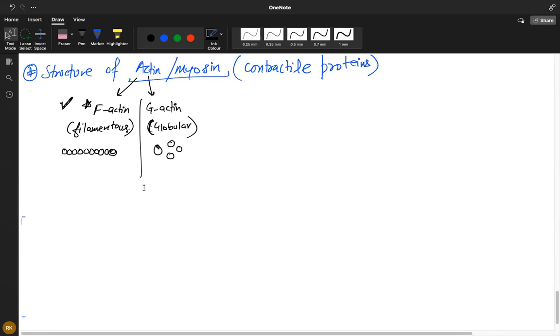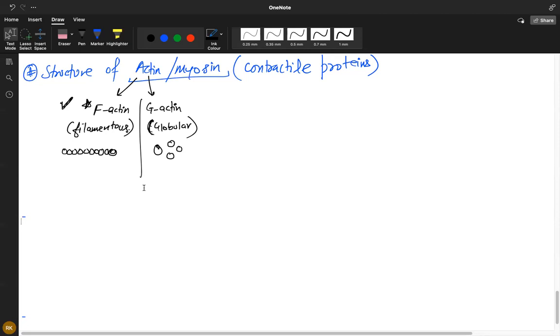So two F-actin filaments will be there, which will be helically bound to each other, just like a DNA helix. And write down two other filaments of tropomyosin.